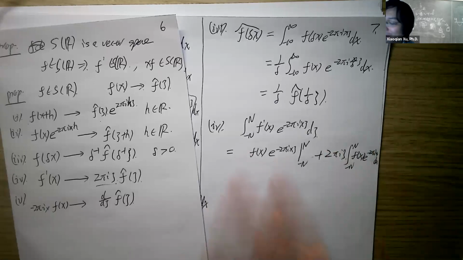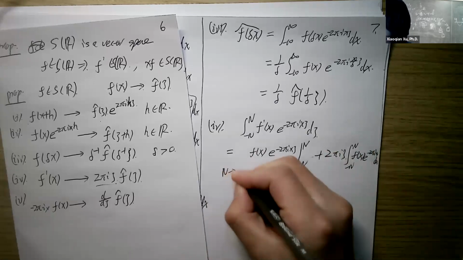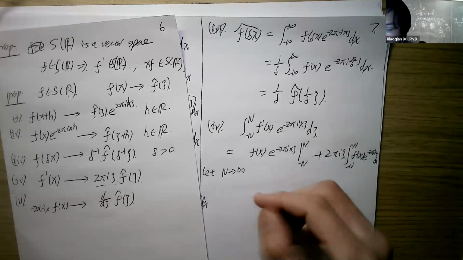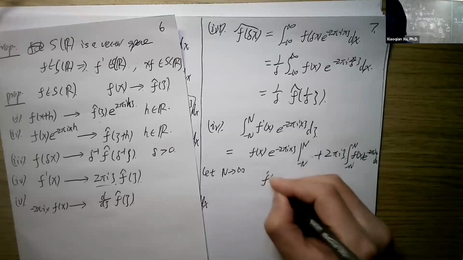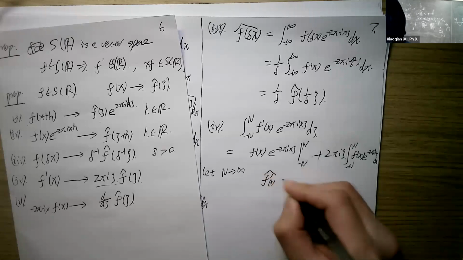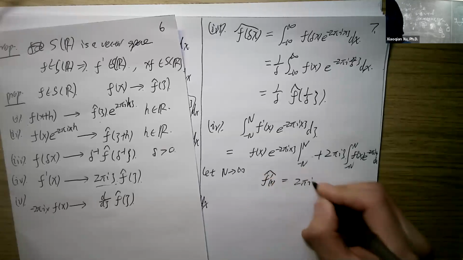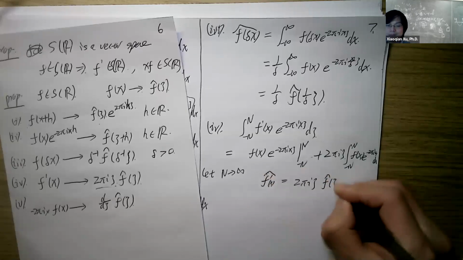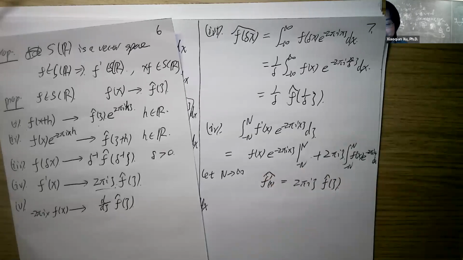Then you can see that when N goes to infinity, this first term just disappears because f(x) decays super fast, so it will disappear very soon. So what we get is f prime hat equals 2 pi i xi f hat of xi. Okay, is that clear?